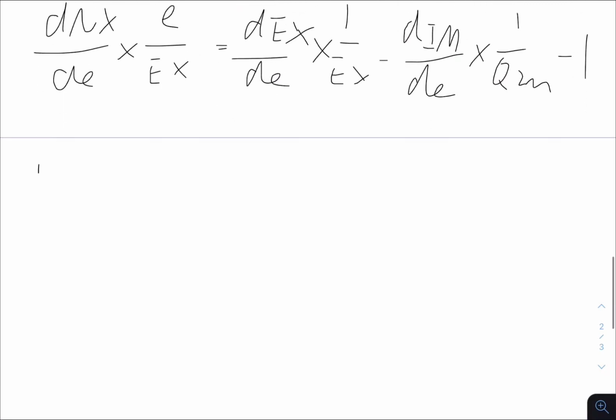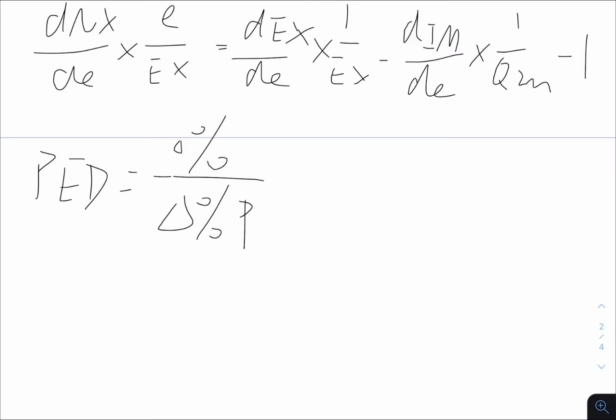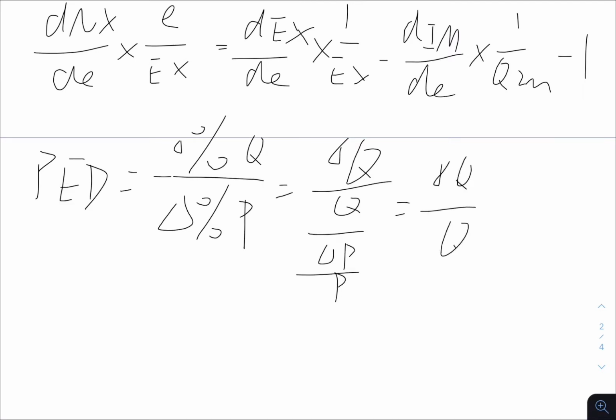Let's see what the PED really is. It equals the percentage change in quantity divided by the percentage change in price. Equals this, right?